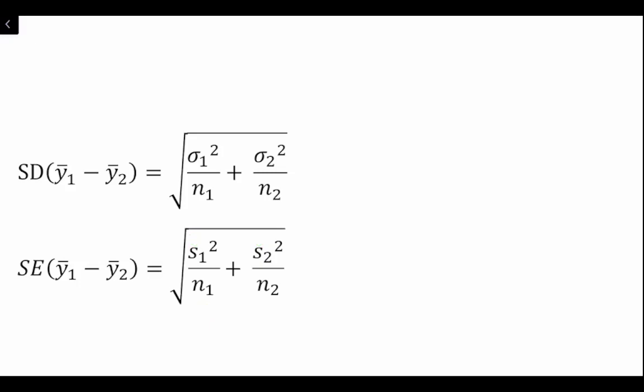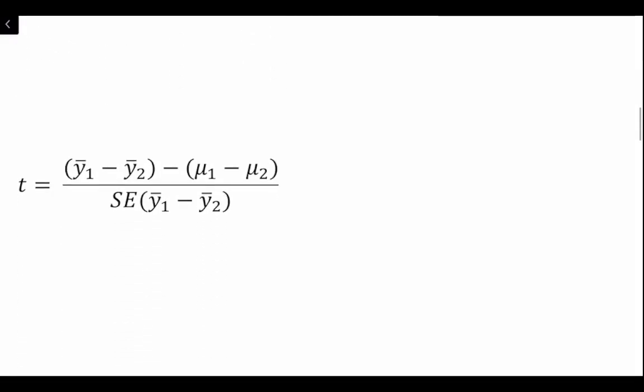Once we've calculated our standard error, we can then revise our T-statistic. Our T-statistic is equal to the observed difference minus the expected difference, or the true difference, divided by our standard error. This is very similar to what we've done before. You can think of this as the observed.